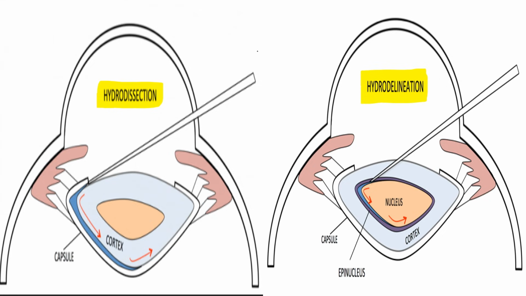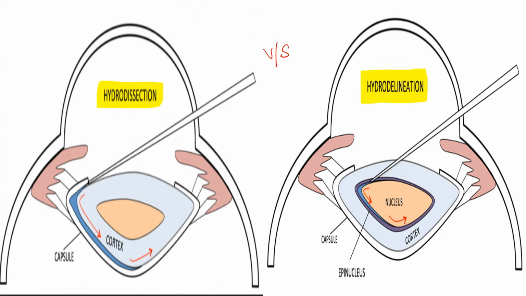So what is the difference between hydrodissection and hydrodelineation? These two are basically steps of cataract surgery. In hydrodissection, in very simple terms, we're trying to push fluid between the capsule and the cortex in such a way that the cortex will get separated from the capsule, and therefore the manipulation of the lens during cataract surgery will become easier.